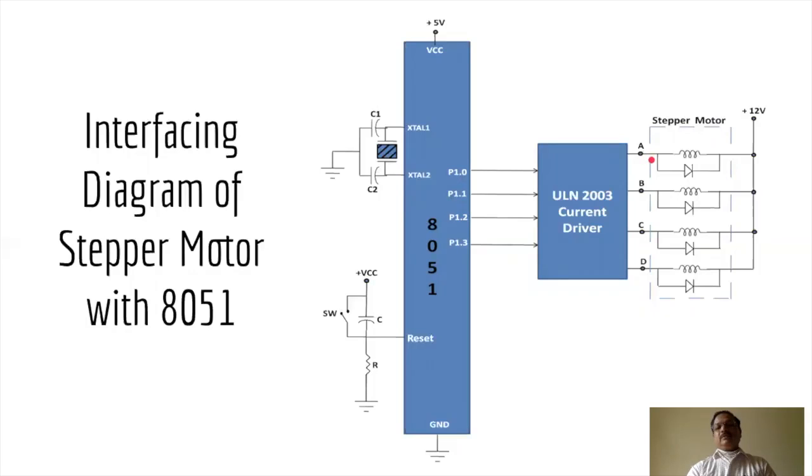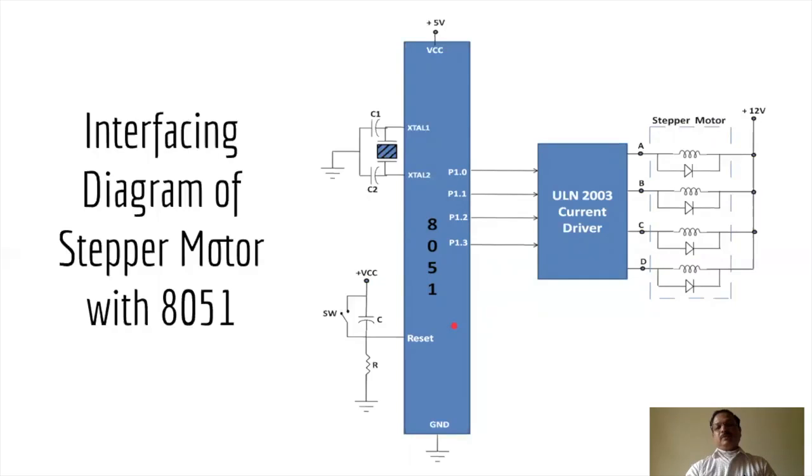Now here the 4 windings A, B, C, D, and a diode is used as a freewheeling diode in order to dissipate the energy that is generated in this coil. So that is how the stepper motor can be interfaced with the microcontroller. The rest of the circuitry shown here is the on-chip clock oscillator and the reset circuitry for the microcontroller.